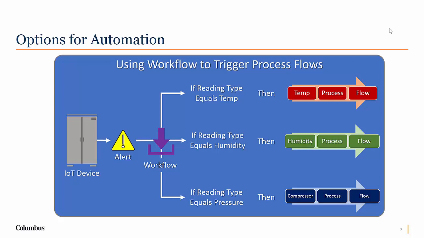And then just having a little bit of a look on PowerPoint at the difference between the way that the workflows can trigger the processes. If you think about an IoT-enabled device, which is over on the left-hand side, that IoT-enabled device could be any number of physical devices that there are in the workplace.